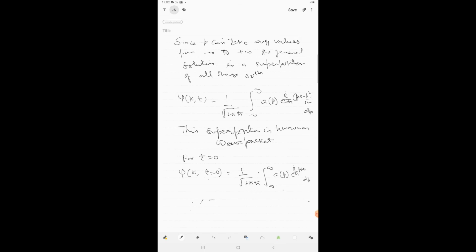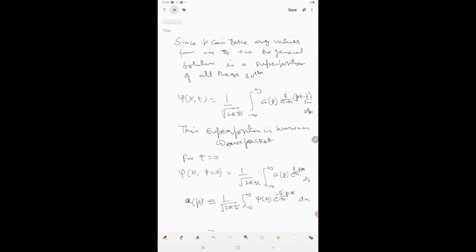If we see this equation, we know that it's the Fourier transform of A(p). So A(p) can be given as 1 upon root 2πħ integral from minus infinity to infinity ψ(x) e to the power minus i upon ħ px into dx.